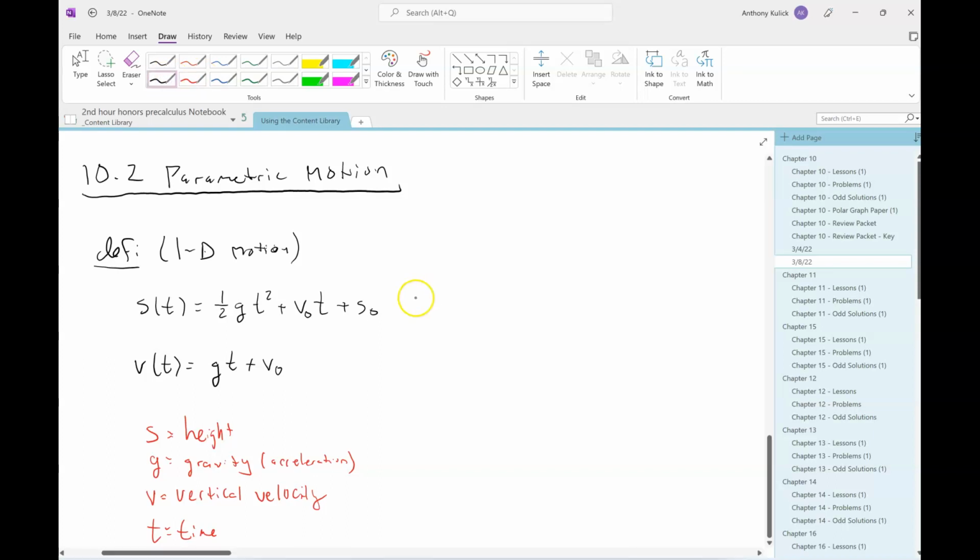And typically, in this class, we're going to work in English units. So in English units, 1/2 gravity becomes -16, or just gravity in this equation becomes -32.